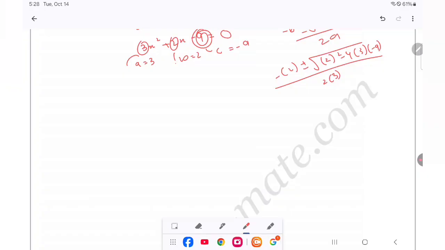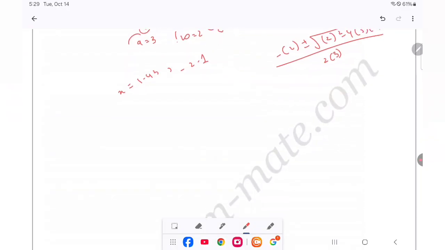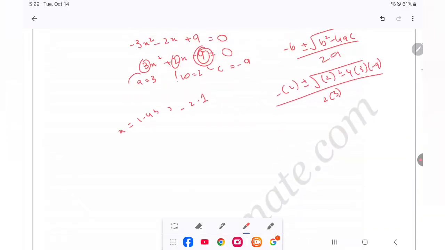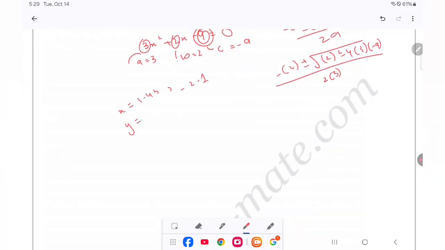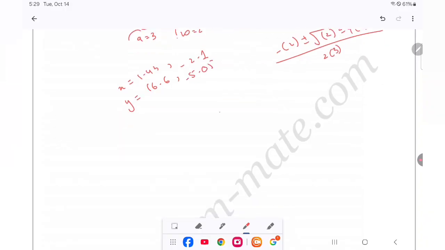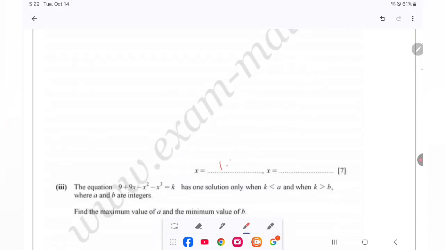One is 1.43, second is negative 2.1. By putting these values of x in the given equation, it will give you the values of y, which are 16.9 and negative 5.05. These are the two turning points, first and second, and the values of x are 1.43 and negative 2.1.